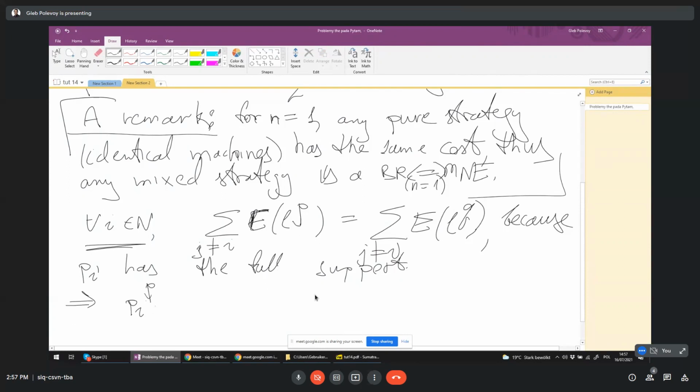So Pi going to machine rho minus Pi going to machine Q, this difference in probabilities is exactly the same as the difference in probabilities among the total load of all the players J, because the others don't have any difference. That's what we have here.